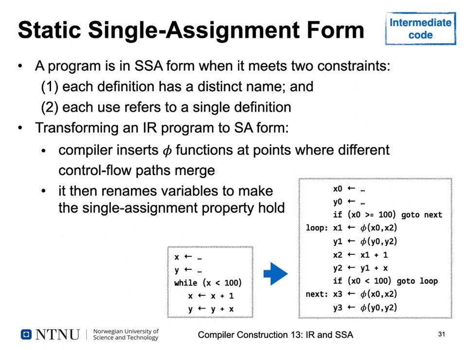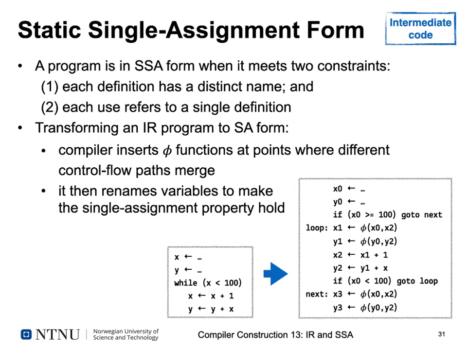For example, if we have an if-then-else instruction and both the then and the else part assign a value to variable x, then after the control paths converge again after the if statement, we need to consider whether the value of x came from the then or from the else part. To do this, we insert so-called phi functions at the points where different control flow paths merge, and then we use this phi function to rename variables to keep the single assignment property valid at this convergence of control flows.